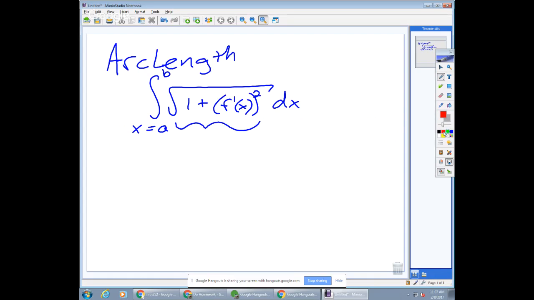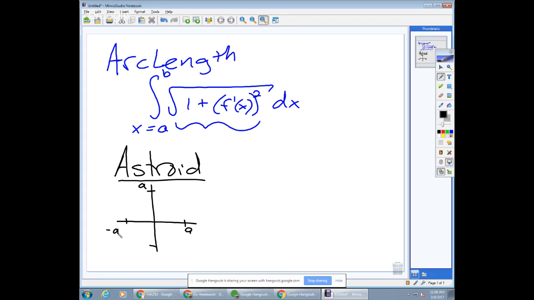So let's switch colors to black. This is problem number 11 in the book. An astroid has the general shape of a 4-pointed star. Let's call these points a, negative a, and negative a down there. The astroid looks something like this.